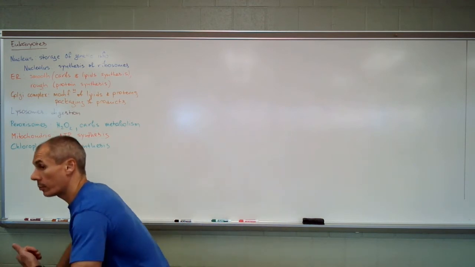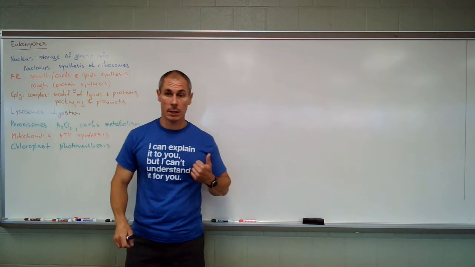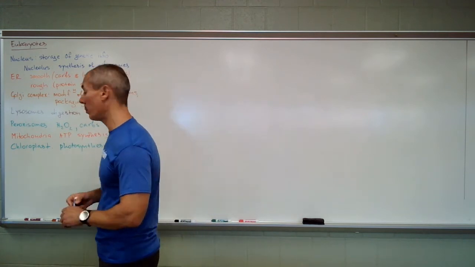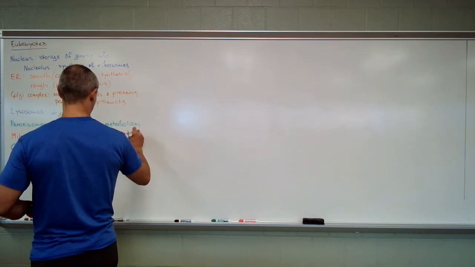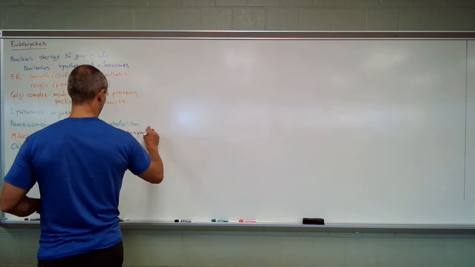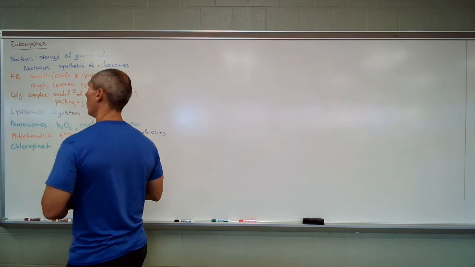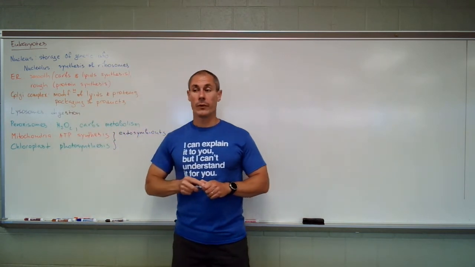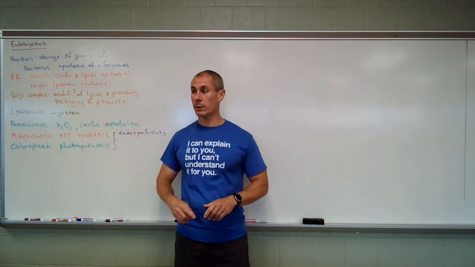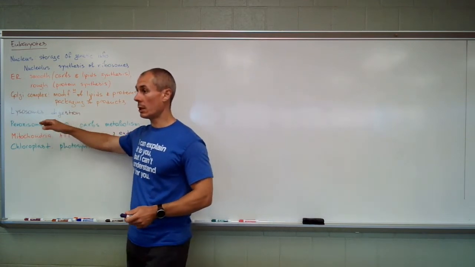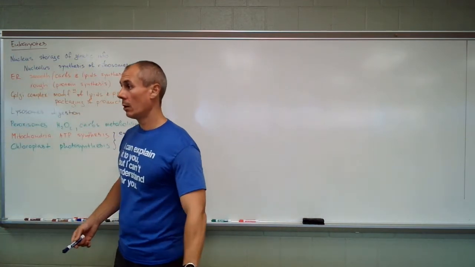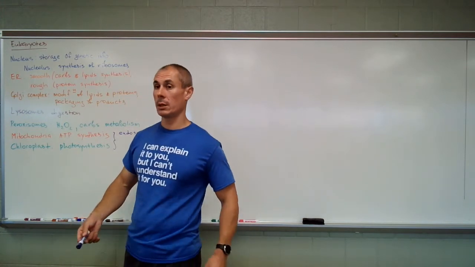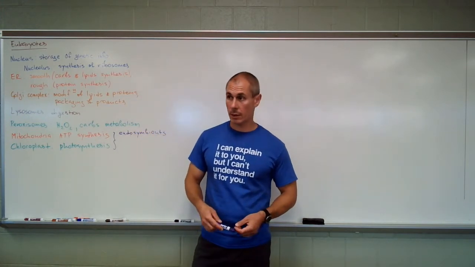What's interesting about mitochondria and chloroplast is that they are products of what's called endosymbiosis. They are endosymbionts. What does that mean? These organelles used to be bacteria. Mitochondria was a bacterium with aerobic metabolism. Chloroplast was a photosynthetic bacterium.